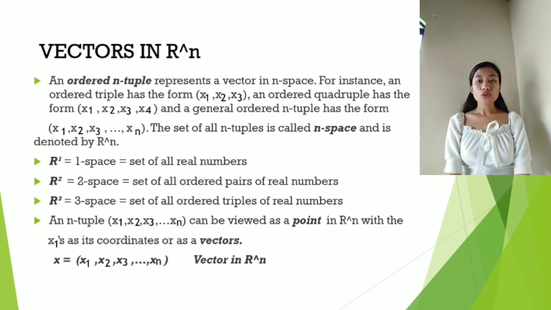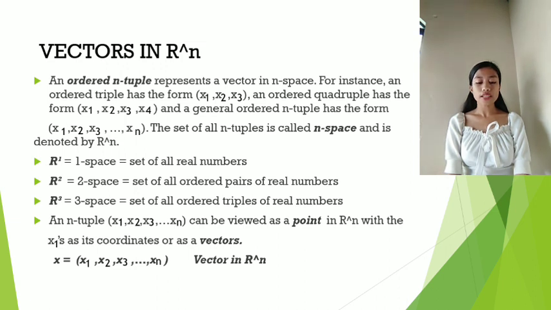First, R raised to 1 is equal to 1-space and it is the set of all real numbers. Second, R raised to 2 is equal to 2-space and it is the set of all ordered pairs of real numbers.